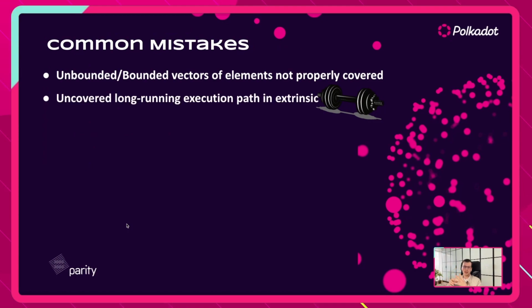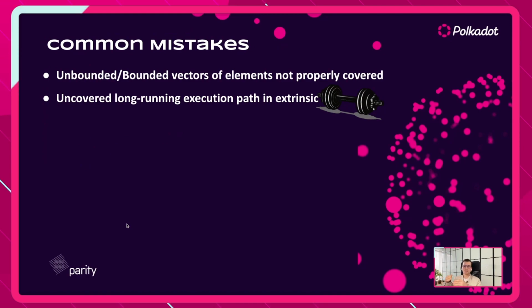And the second problem with the extrinsic runtime implementation that I've seen is not covering some execution paths within an extrinsic. In other words, imagine you have an extrinsic and you have some if conditions, and based on those conditions, you have different execution paths.